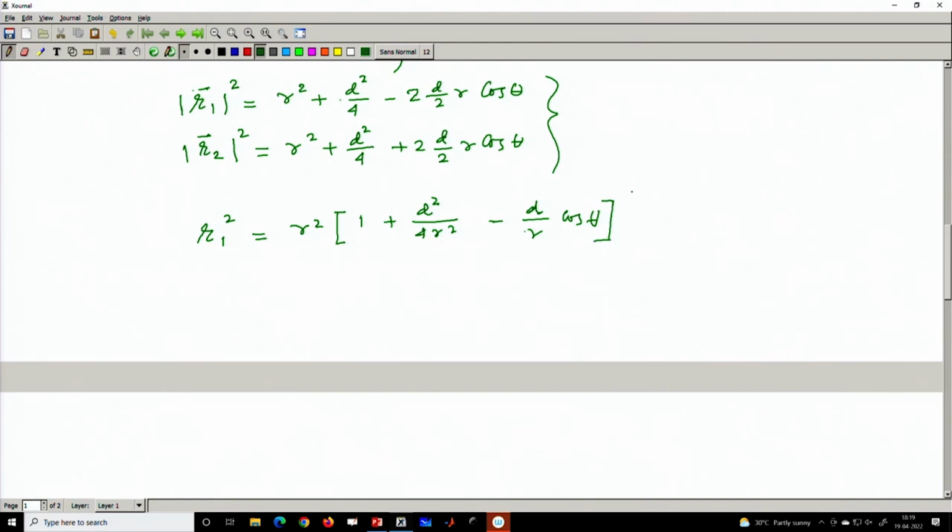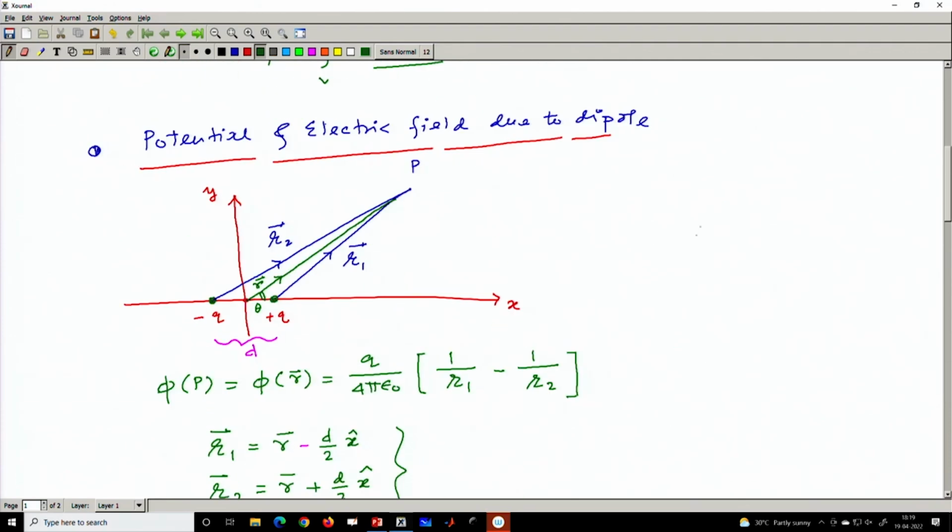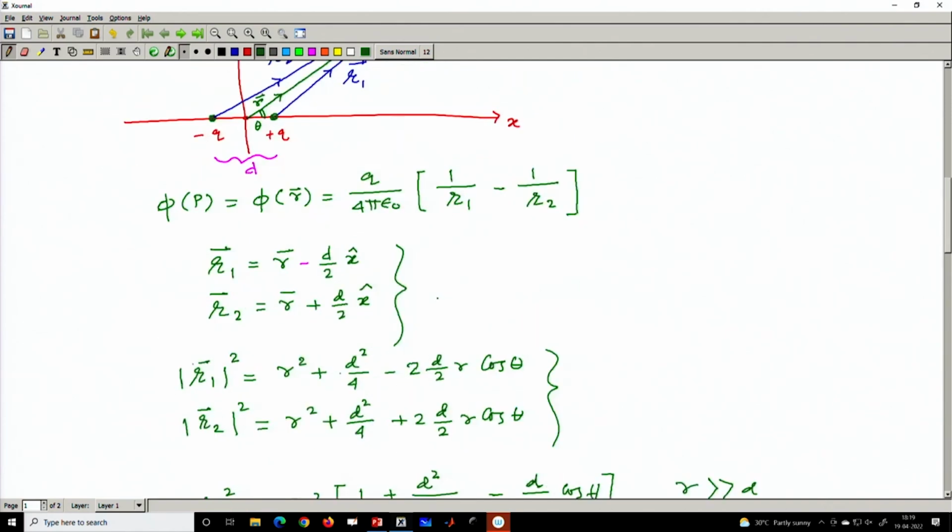The condition is R is very much greater than d, because d almost tends to 0, and I try to find out like a point dipole; compared to this point P, d is very small. So, these two are like a point dipole present at the origin.